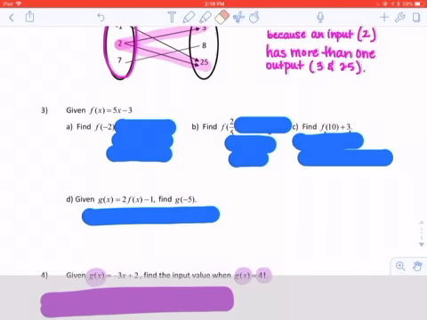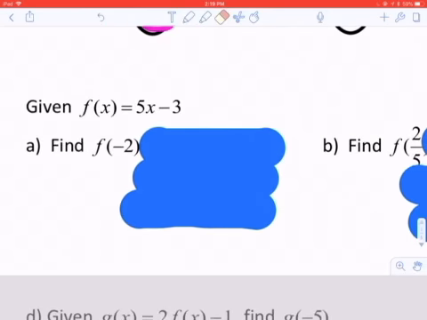All right, moving on to number 3, where we're going to be evaluating functions. I started some of these for us so that I could just go through and show you. Here, instead of f of x, it says f of negative 2. I replaced the x, so you're going to replace the x in the rule.